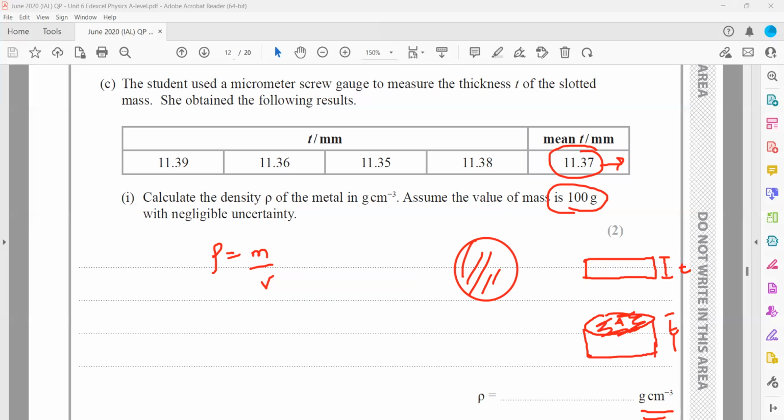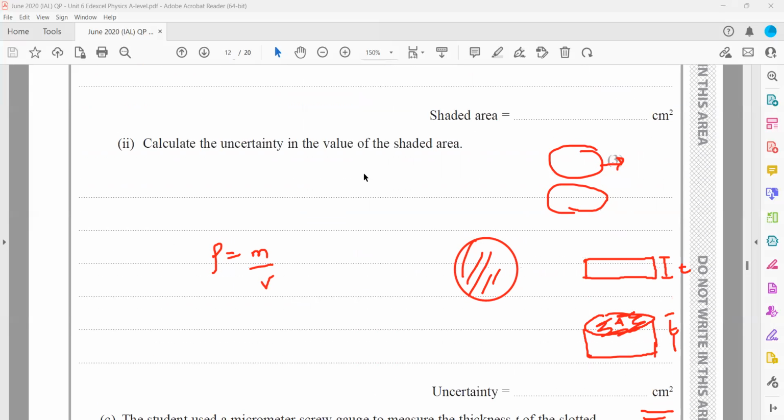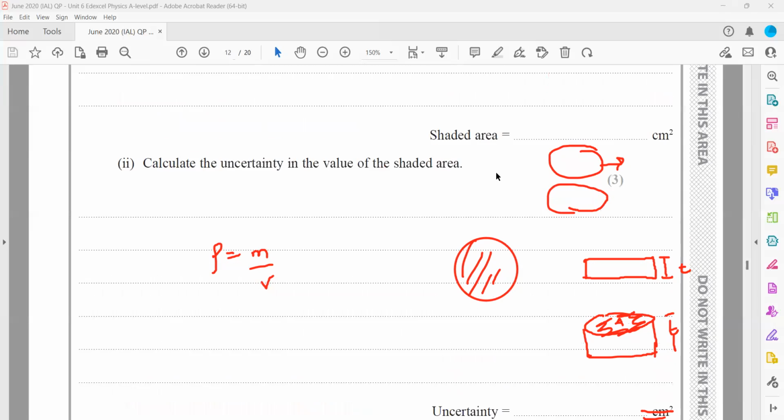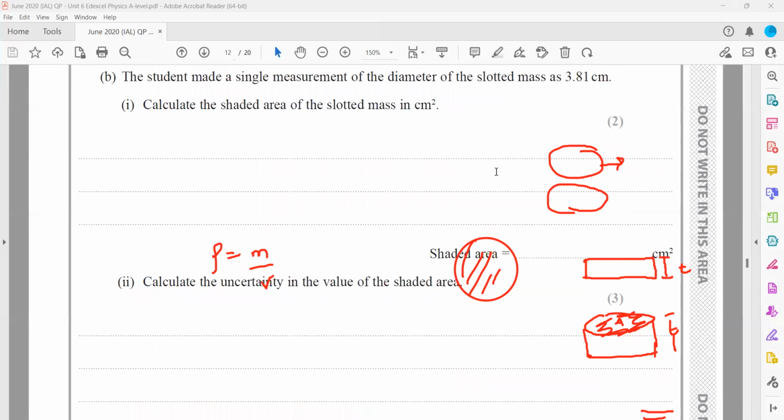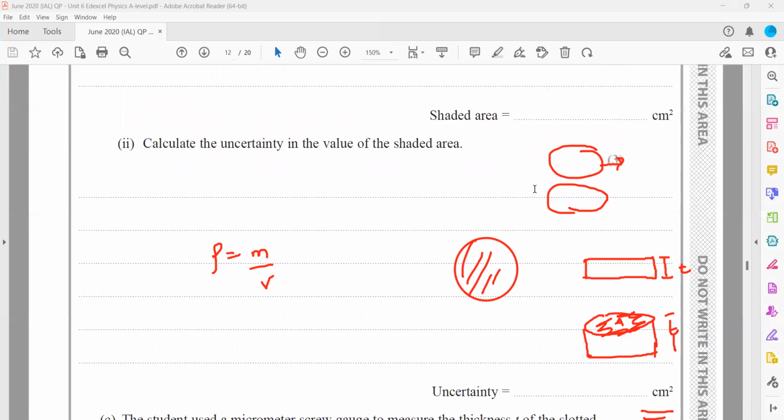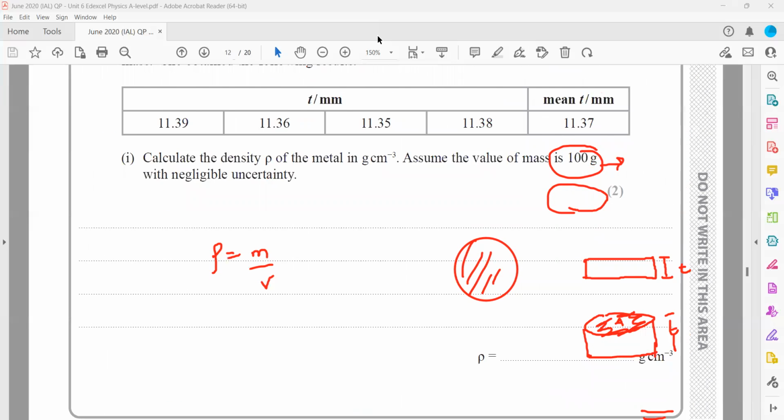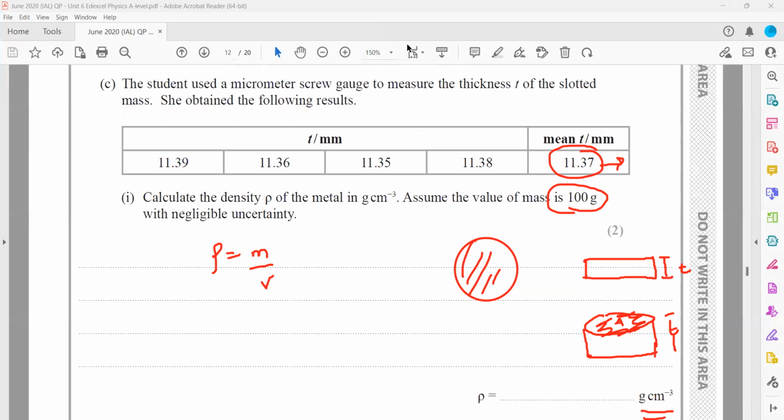But what area will I take? What area should we take? We should take the shaded area only, which was 10.4, because that hole is not having a mass. So this part was missing.